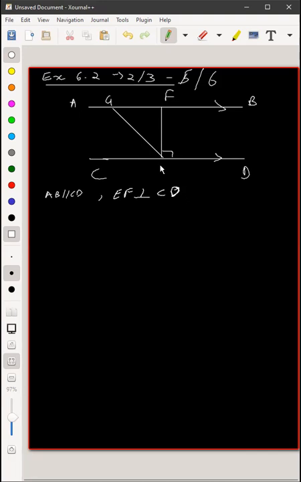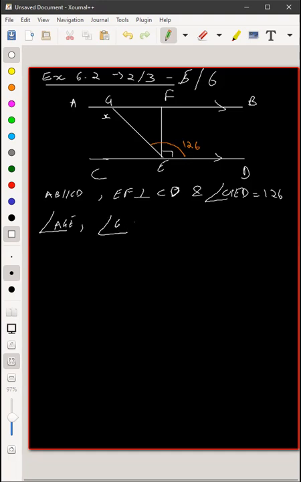This is E, and angle GED is 126 degrees. Find angle AGE. Let's name this X.